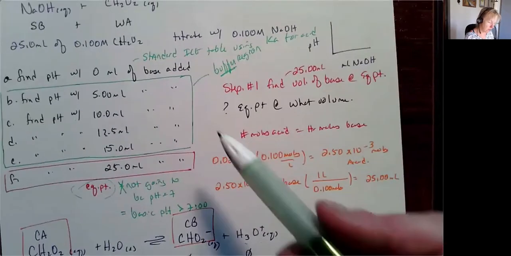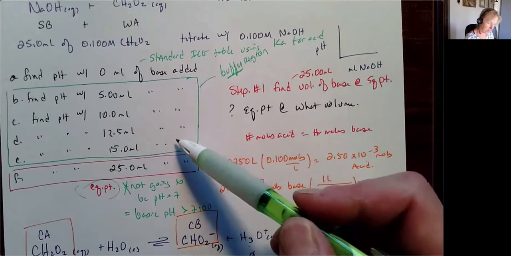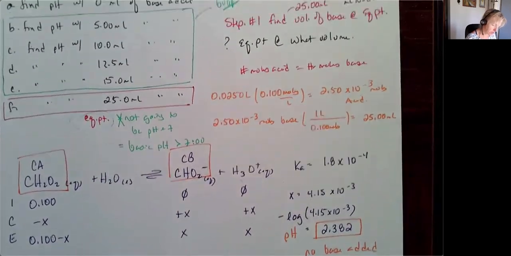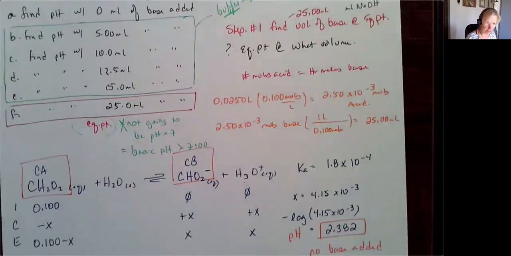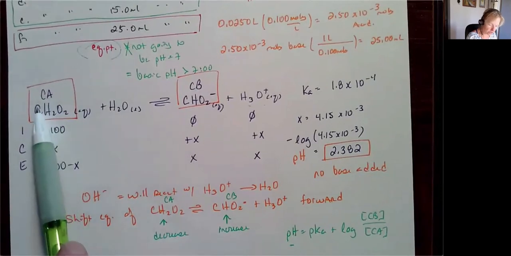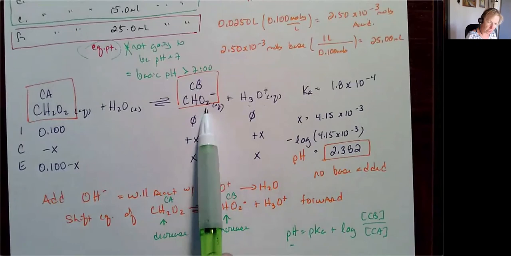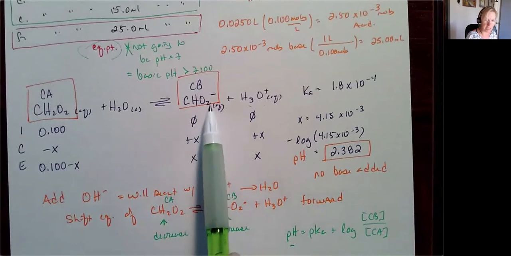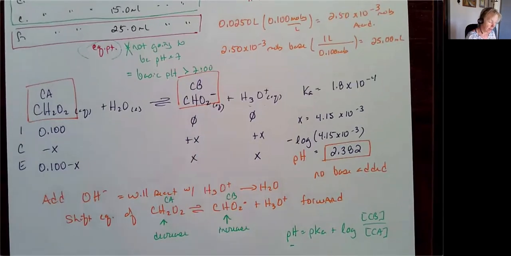So all along through here, I'm going to track the changes in concentration. Every time I add in hydroxide, my weak acid concentration is going to go down, and my conjugate base of that weak acid is going to go up. I'm going to track how this goes down, how this goes up, and then use my Henderson-Hasselbalch equation here.